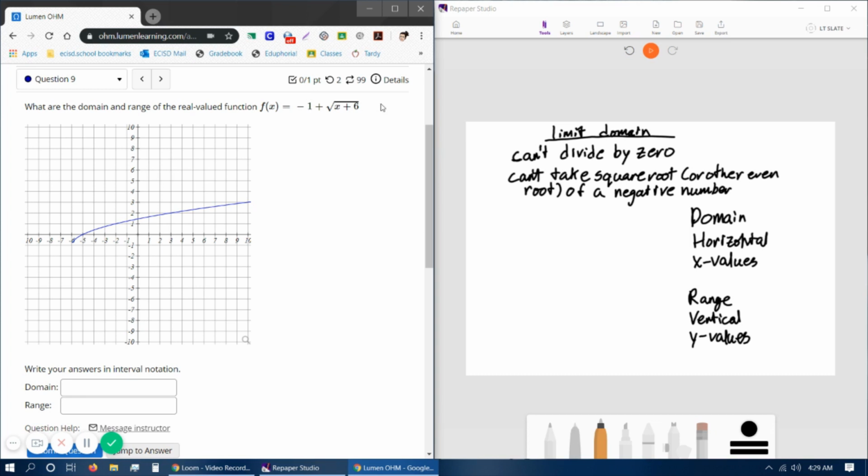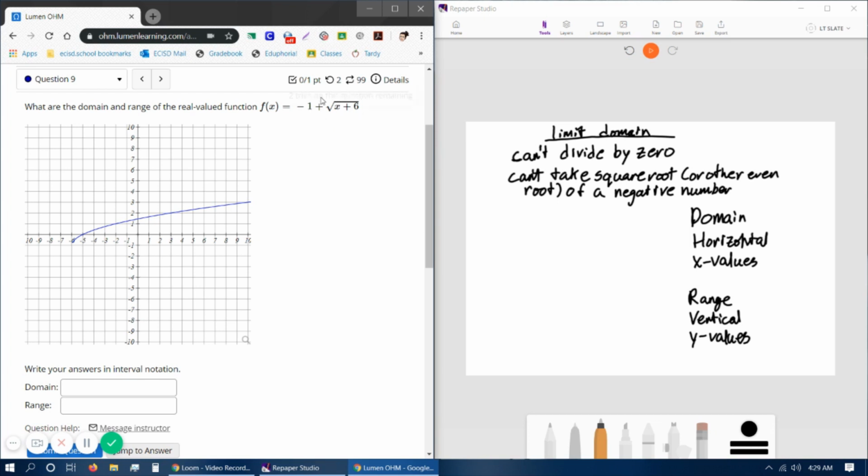This function has a variable inside of a square root. Remember that we cannot take the square root of a negative number. If you look at the graph, you can see how the line just stops when x equals -6. This is because if I plug in -6 for x, I'll be taking the square root of 0.